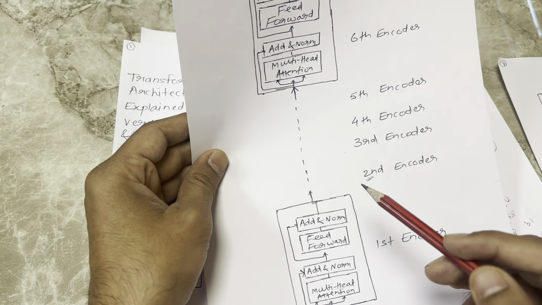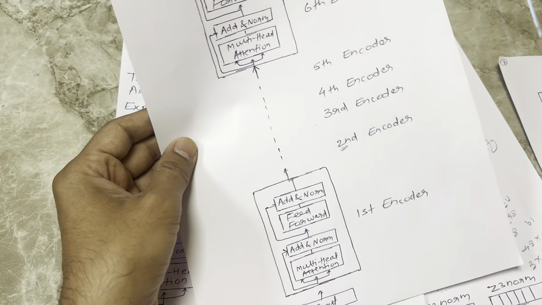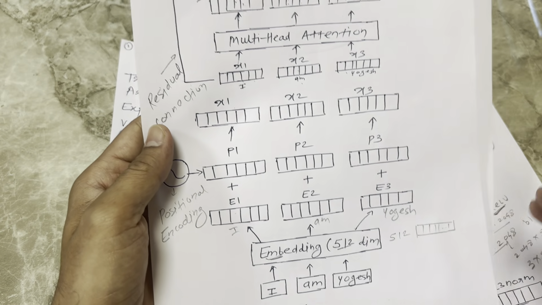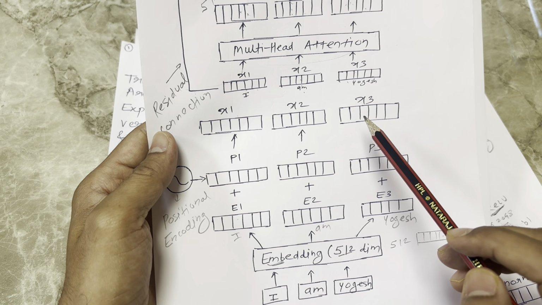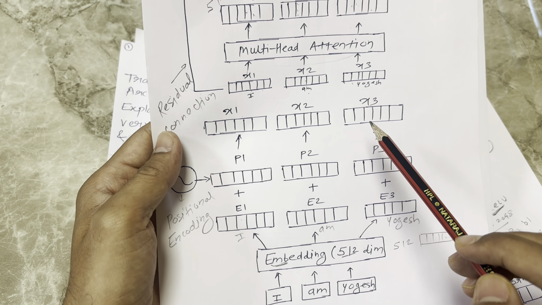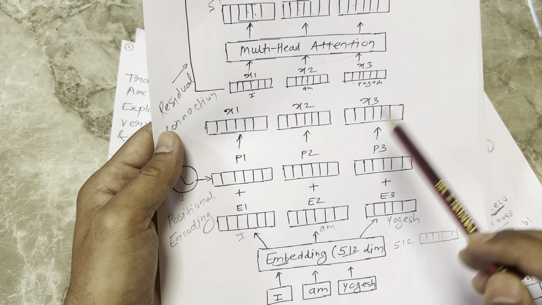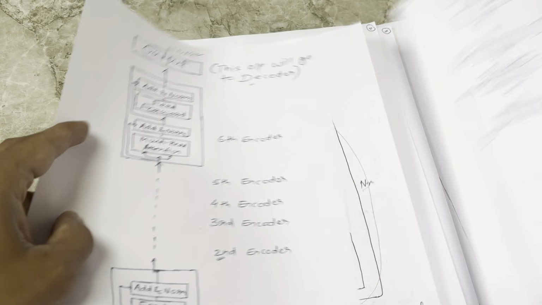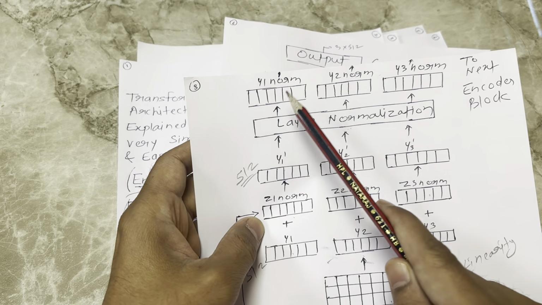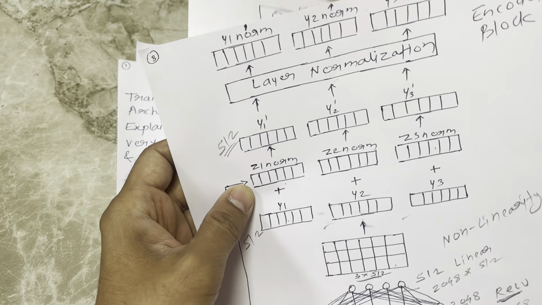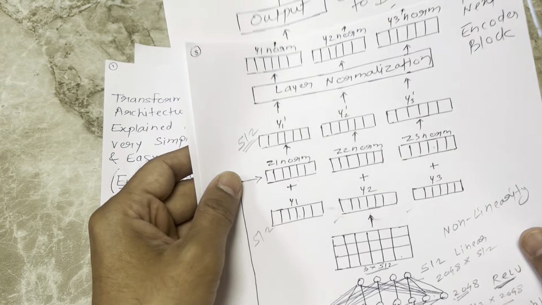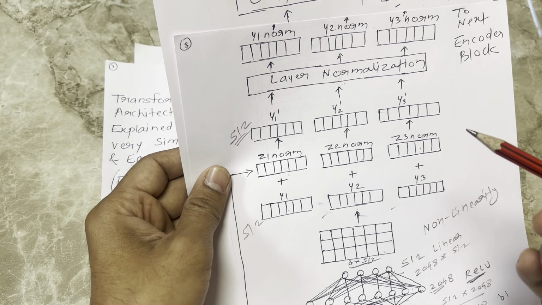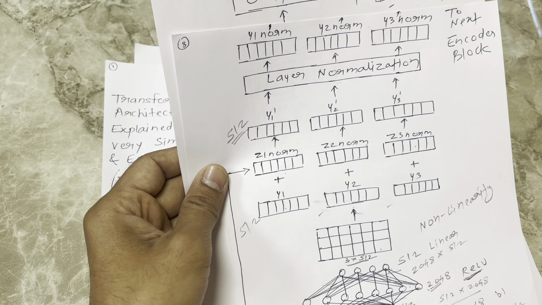Just like x1, x2, x3 were the input to the first encoder block, similarly this y1 norm, y2 norm, and y3 norm will become the input to the next encoder block.